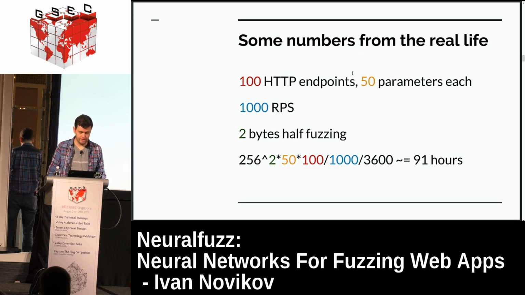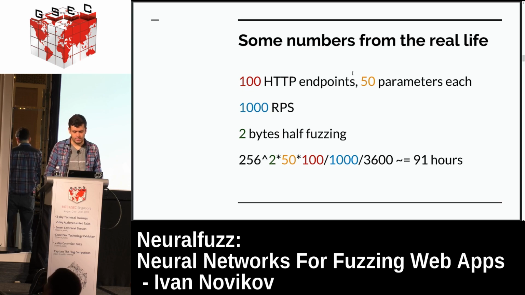And in my experience, for an average application, we have about 100 HTTP endpoints with about 100 HTTP parameters each, and so the average speed could be about 1000 RPS. It is a reasonable speed.